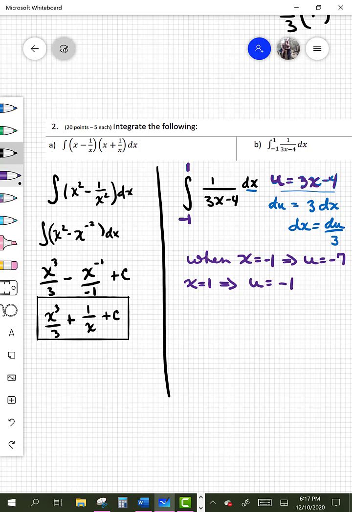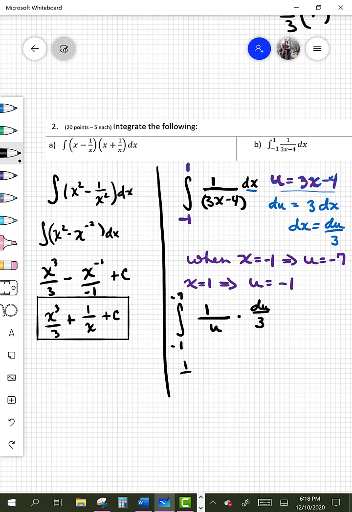With our new bounds, we are not going to rewrite the antiderivative back in terms of x. So we're going from negative 1 to negative 7 of 1 all over what we chose, 3x minus 4, which is our u value, times du over 3.